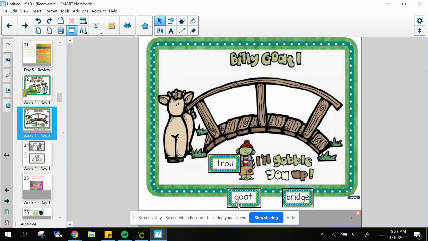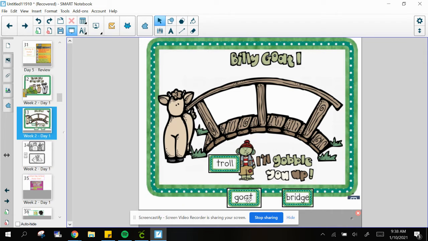Let's take a look at this word. It starts with what letter? G. And G says what sound? G, G, G, right? What in our picture up here says the G, G sound? The goat. G, G, goat starts with the G sound, right?